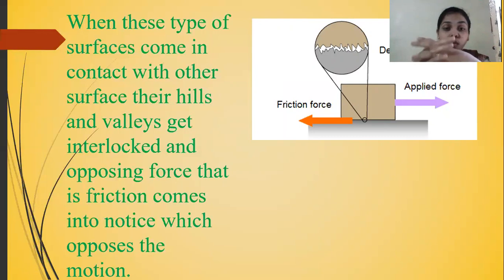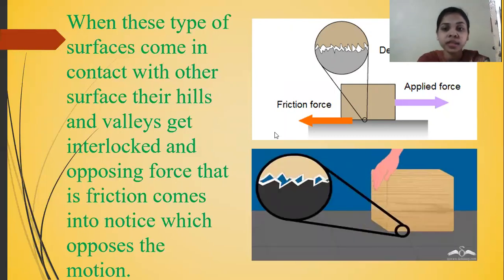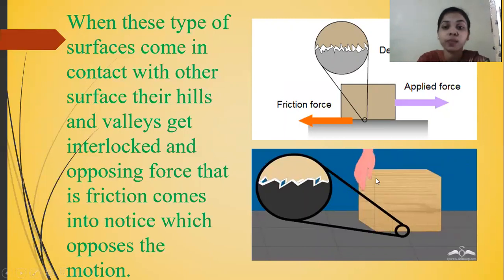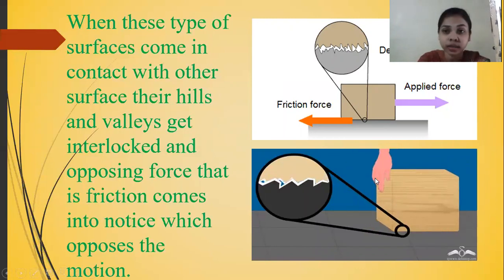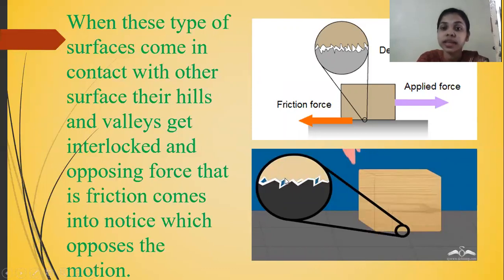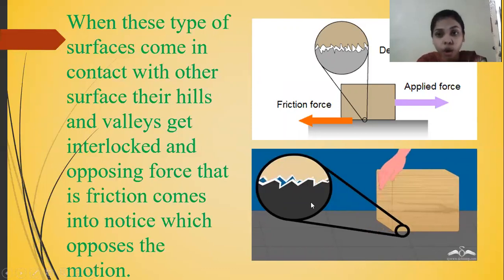They are able to move when I apply a greater force on that. Okay, then only they are able to move. Means here also, see, the box is able to move when you apply a larger force on the box. Up till then they remain interlocked. See here, like that they interlock, and when you apply a greater force, then they become unlocked and overcome the frictional force.